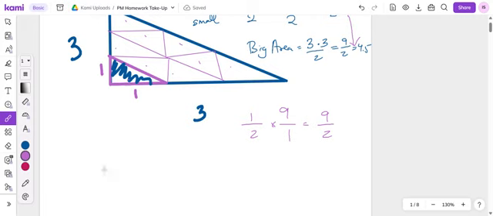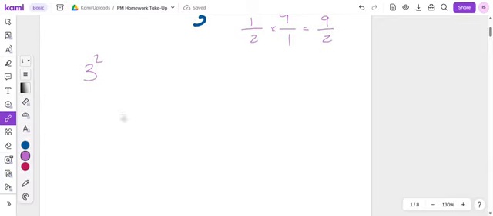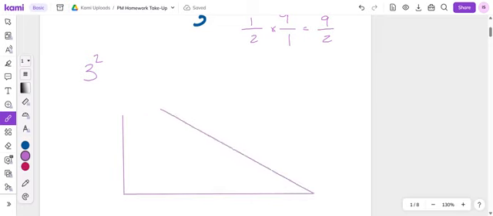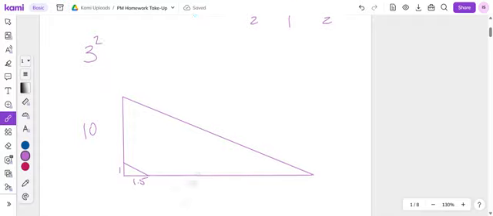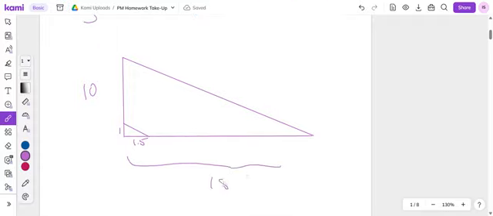So how many times bigger are the sides? Well, they're 3 times bigger. So how many times bigger is the area? Well, it's 3 squared times bigger. So if I have a triangle like a tiny one like this, and this is 1, and this whole thing is 10, and this is 1.5, and this whole thing is 15.